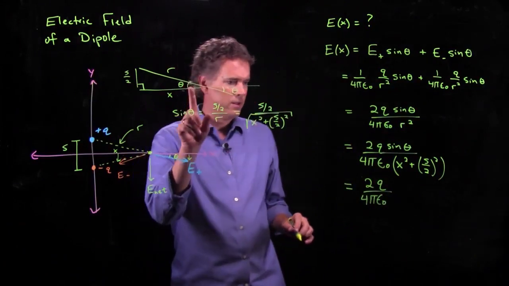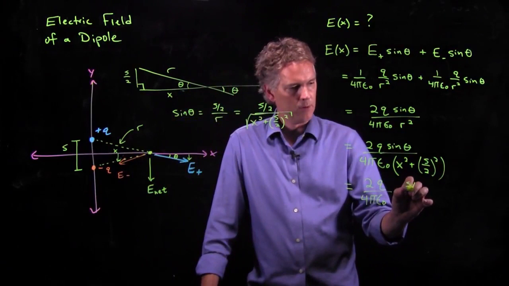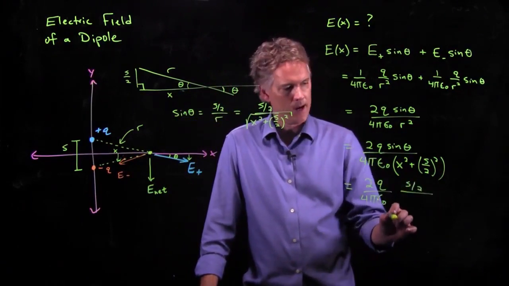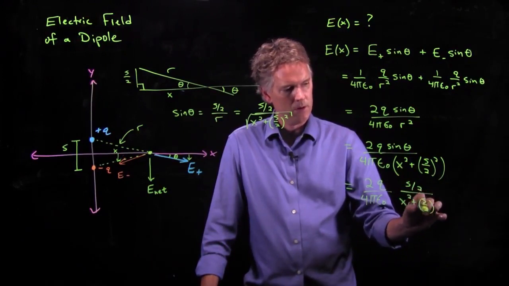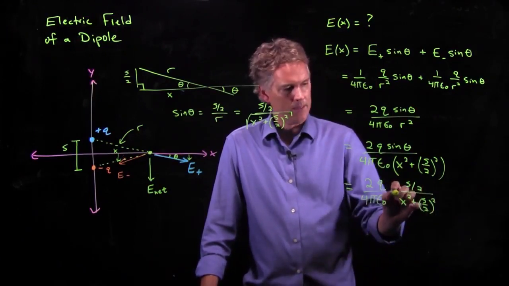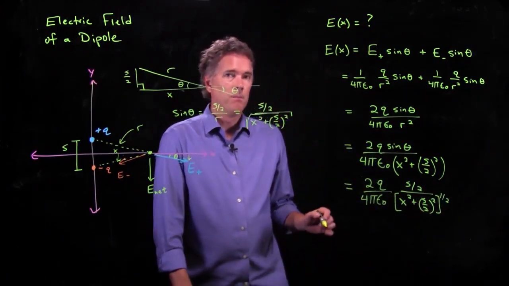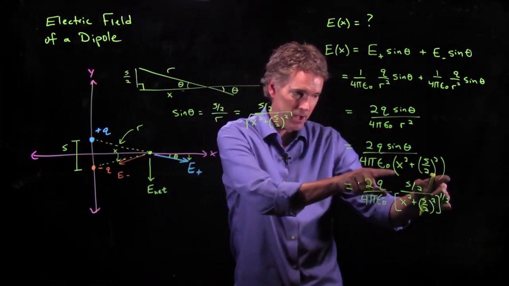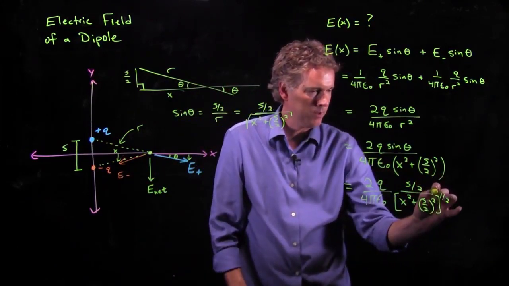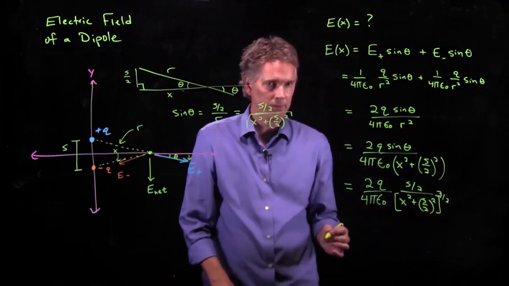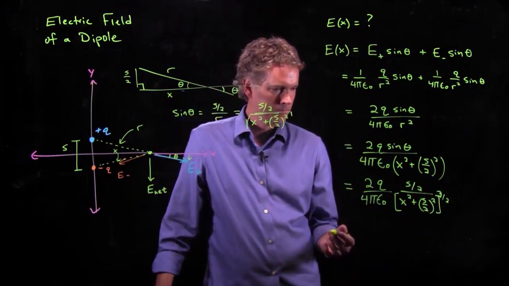And then we have sine theta, which is s over 2 divided by x squared plus s over 2 squared, square rooted, which is the same as to the 1/2. But then we have this one as well. And if I stick that into here, it just raises this to a 3/2. Okay? And so this is what it looks like.